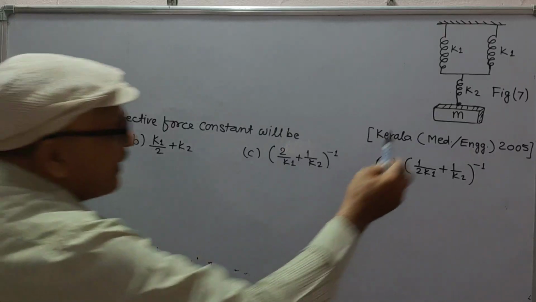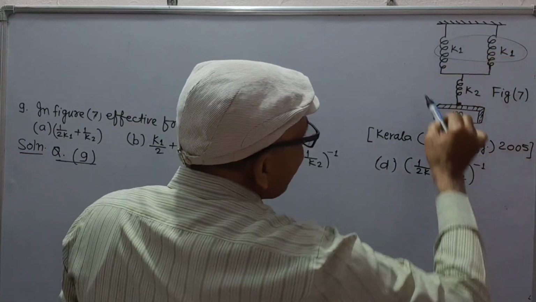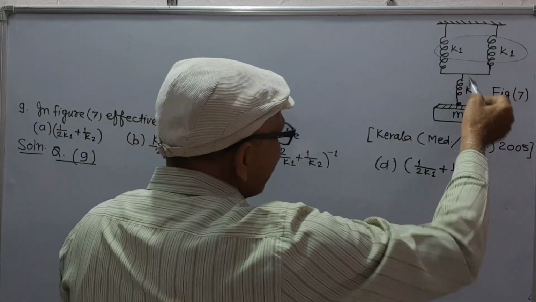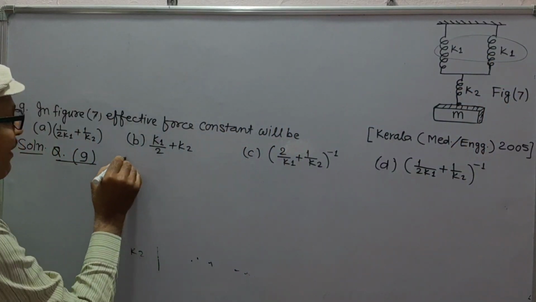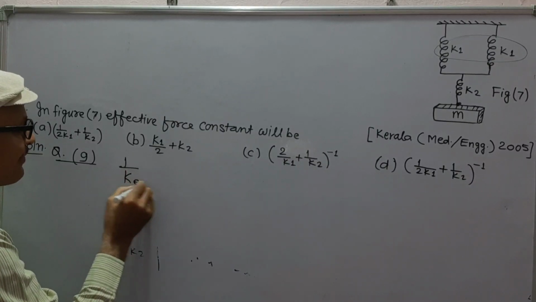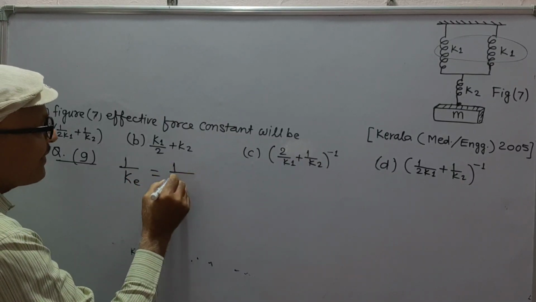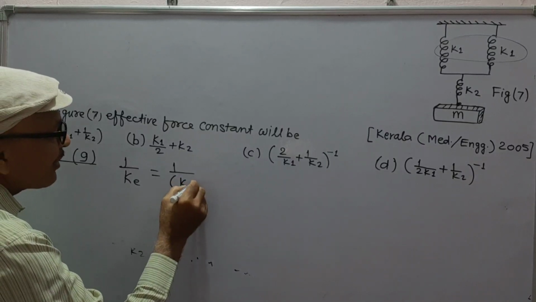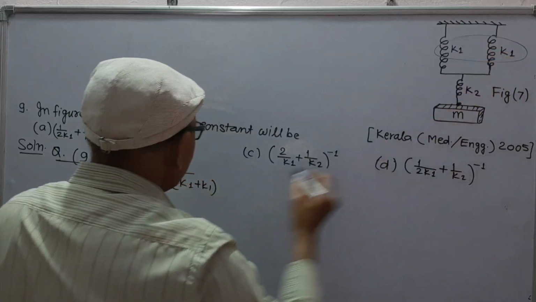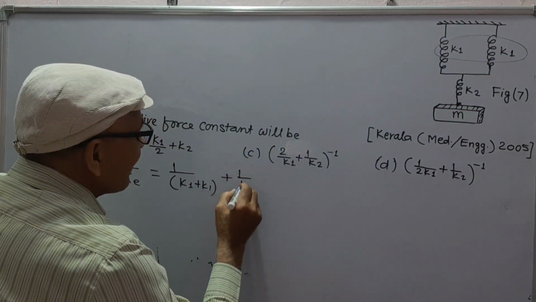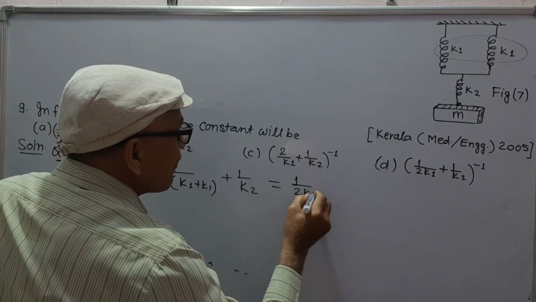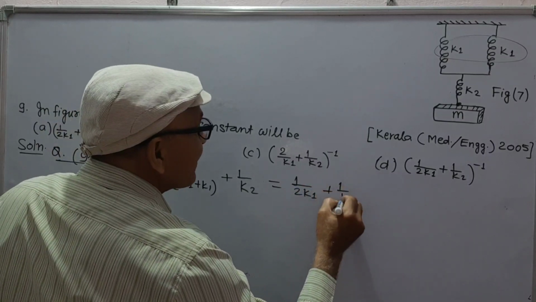Here these two are in parallel, therefore K1 plus K1 is connected with K2. So, 1 upon K effective will be equal to 1 upon K1 plus K1, means these two are in parallel, plus 1 upon K2, which will give 1 upon 2 K1 plus 1 upon K2.